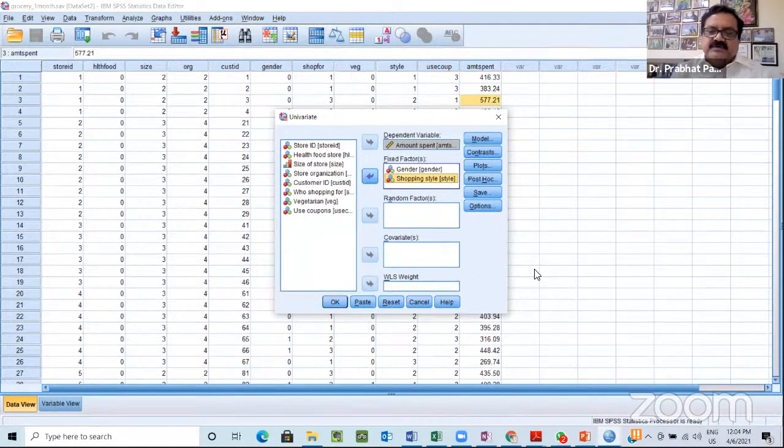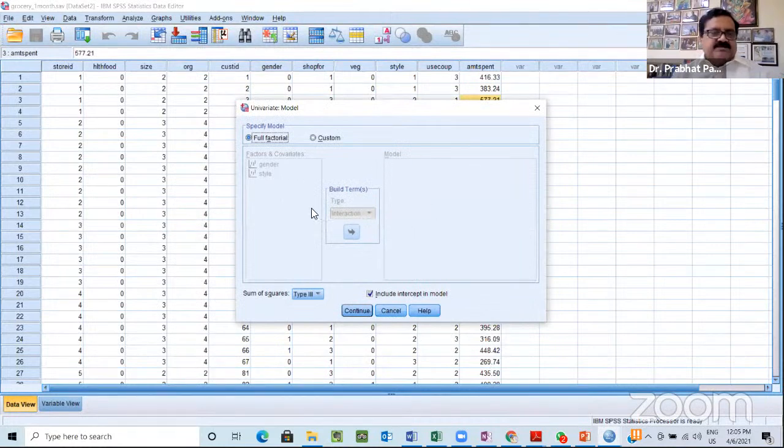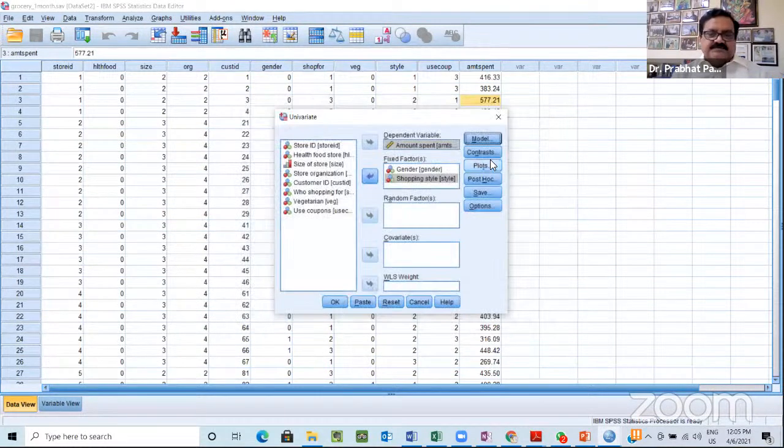Again, you are going for a univariate, single-variable model. But if you want to look at the impact of gender vis-a-vis shopping style, that means one who is going for weekly purchase, if it is a female or a male, and one who is going for, let's say, monthly purchase, if it is a female or a male, how does that affect the purchase? These are wonderful analyses that we can do. So it's a full factorial model.